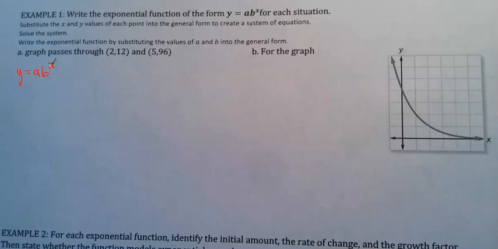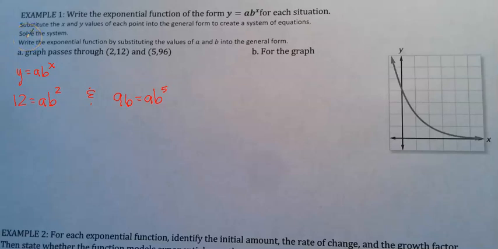So 12 is our y, so we're going to do 12 equals ab to the power of 2. And for our other one, our y is 96, so we're going to have 96 equals ab to the power of 5. That's all we did, that first step there.